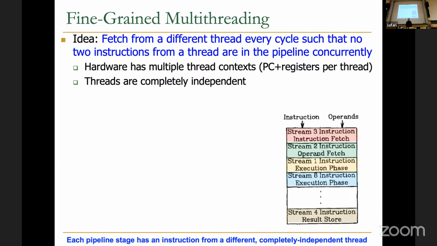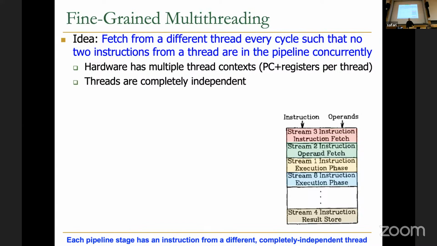So threads are completely independent, kind of, but in reality, it's quite hard to find completely independent threads. And at some point, they may have some dependency. So there is also some dependency control in real hardware like GPUs. But the amount of hardware that we have, for example, in a GPU for dependency control is much lower compared to a CPU.